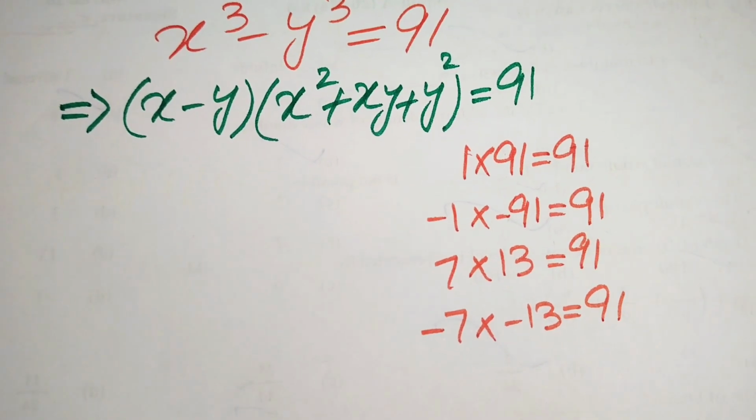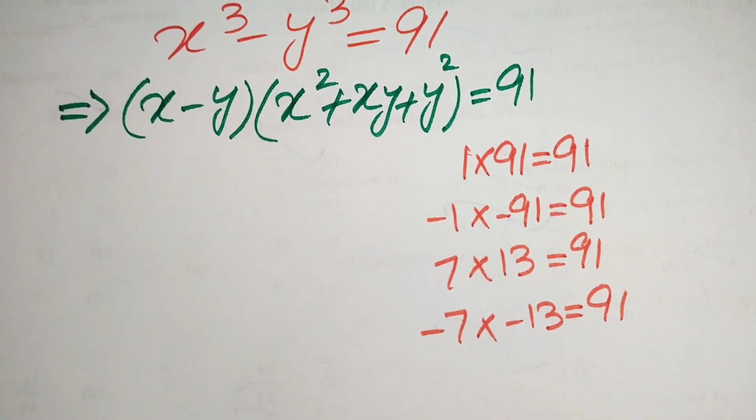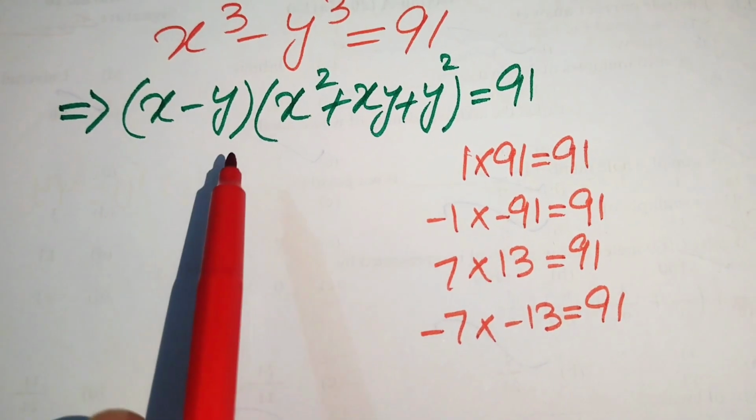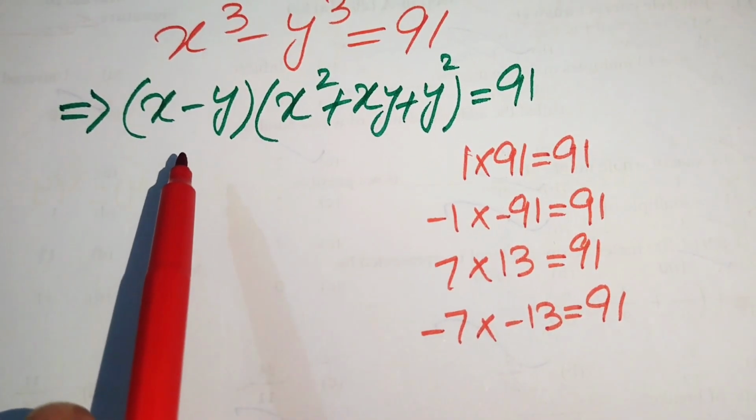So we have these four possibilities in which two numbers multiply to give 91.